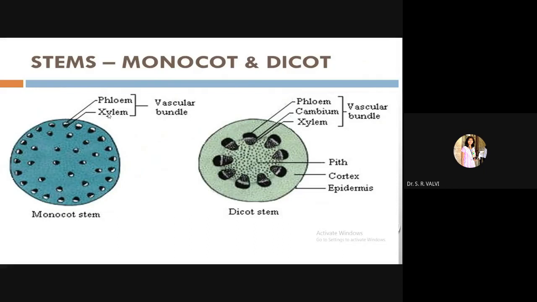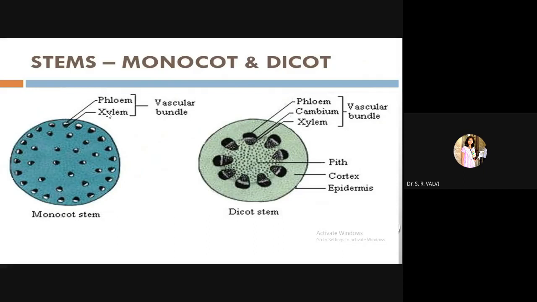Open type of vascular bundle means what? When the cambium is present between phloem and xylem, the type of vascular bundle is open. And when cambium is absent, then the type of vascular bundle is called closed. Okay, so closed vascular bundle and open vascular bundle. Closed vascular bundle is present in the monocot, whereas open vascular bundle is present in dicot.